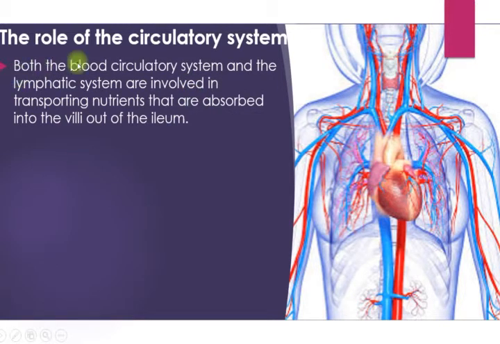Both the blood circulatory system and the lymphatic system are involved in transporting the nutrients that are absorbed into the villi out of the ileum. So there are two systems involved here: the blood circulatory system and also the lymphatic system.